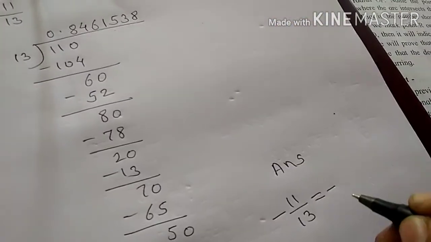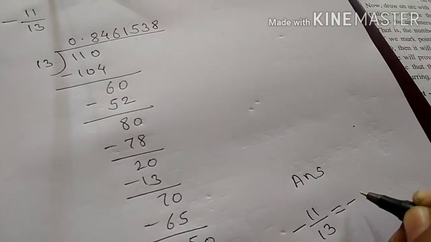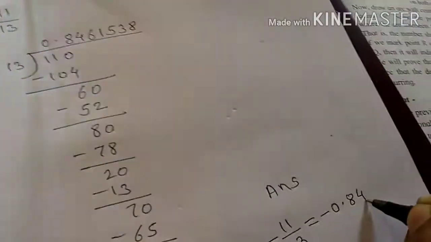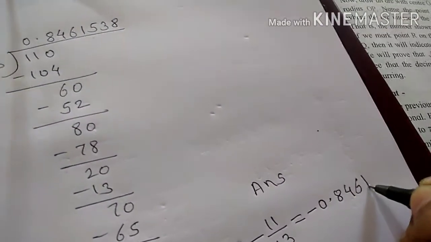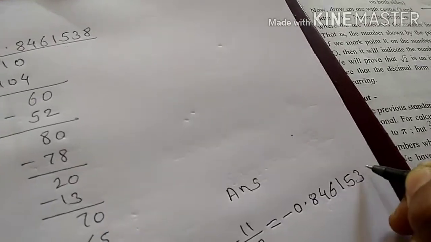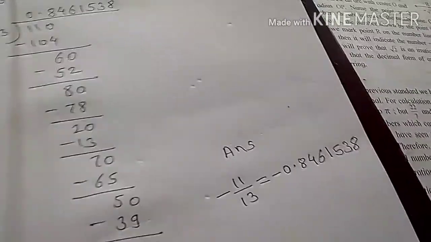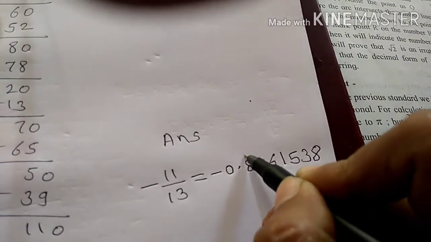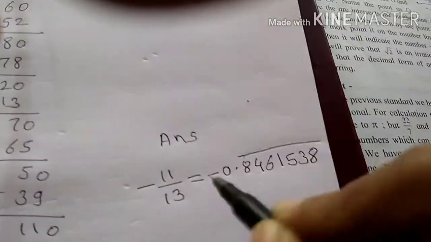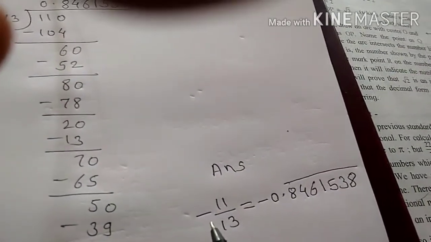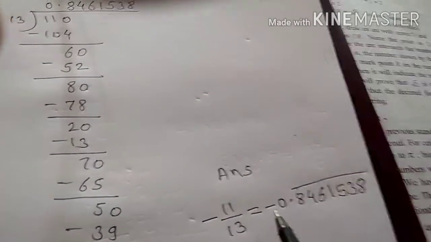You write the answer here, minus 0.846153, and you write the bar on that number as it is a recurring decimal number. The question is a negative rational number, so the answer gets a minus sign.